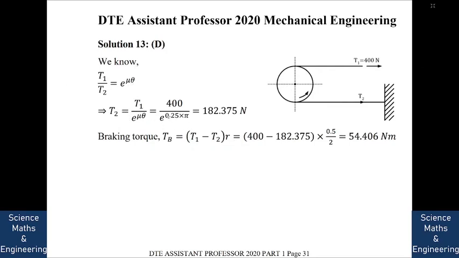Okay, so mu is already given as 0.25 and theta is 180 degree, that is pi. So our T2 becomes T1 by e to the power mu theta, which is equal to 182.375 Newton. Now braking torque would be equal to T1 minus T2 into R, which is equal to 54.406 Newton meter.